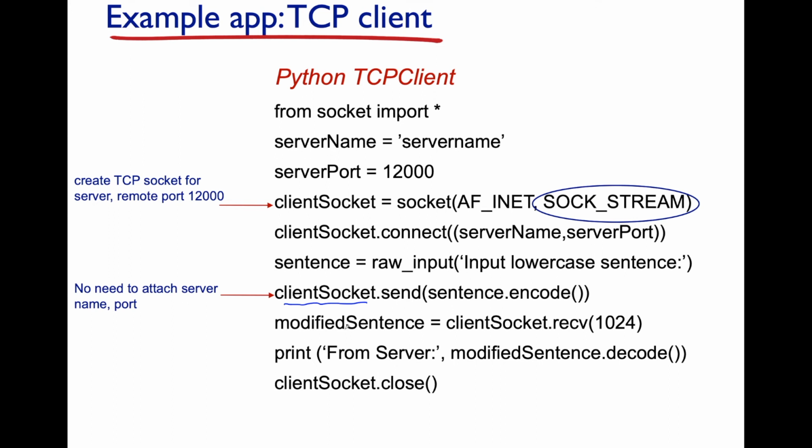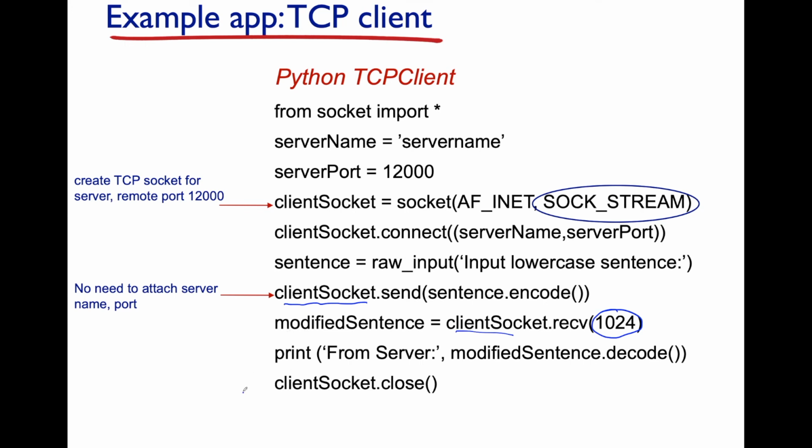You then go to your client socket and do a receive, giving it a buffer size of 1024, 1 kilobyte, and that's where you're going to store the response from the server. And so you get the modified sentence, which is the result of the work done by the server on that request message that the client has sent.